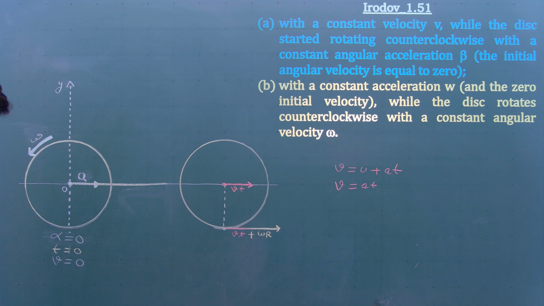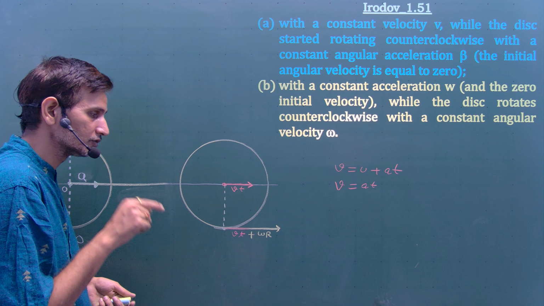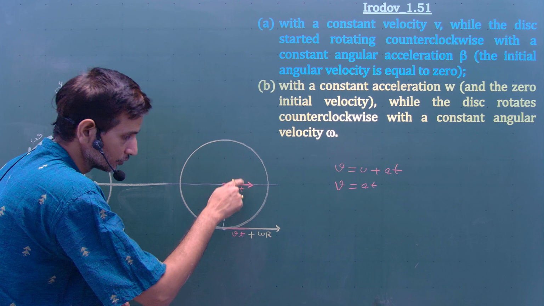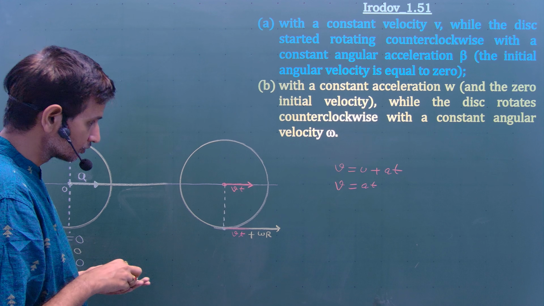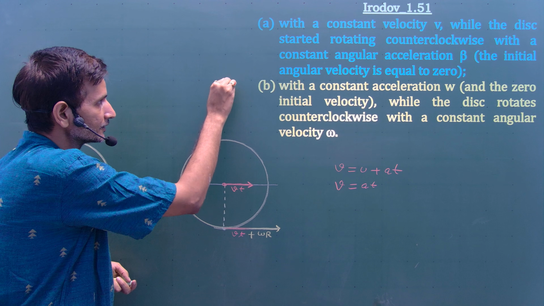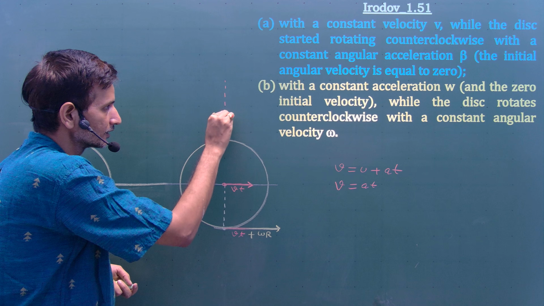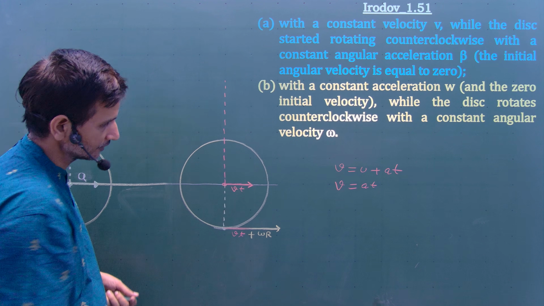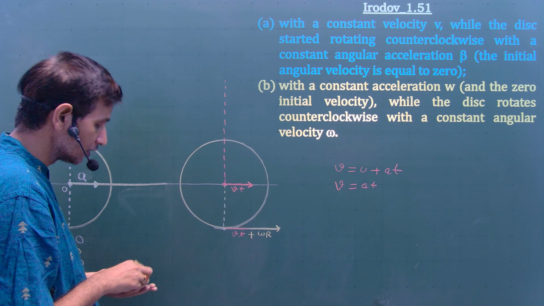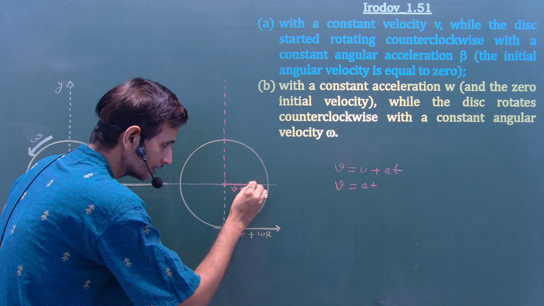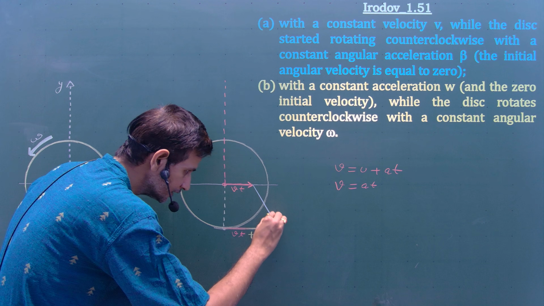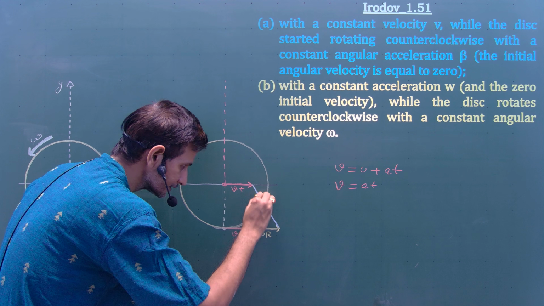Now, where is the instantaneous axis of rotation? The instantaneous axis of rotation is always on a line perpendicular to the velocity of the particle. So the instantaneous axis must be on this line. Now how to find it? Just join the tops of these two velocity vectors.